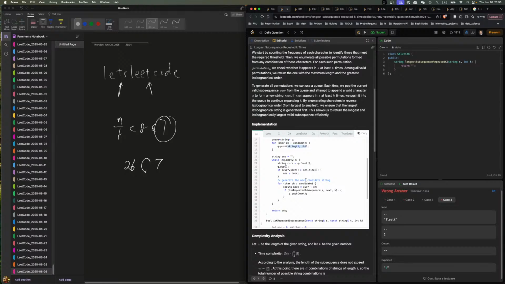What happened to permutation? What happened to permutation? Is this permutation? You just put the candidate to the end. Like, why isn't it reverse order?